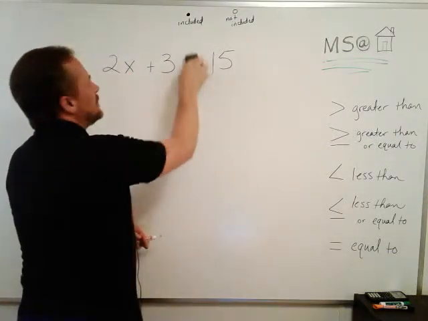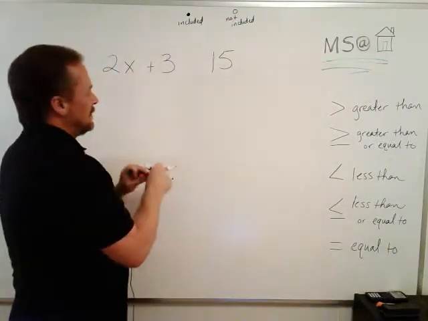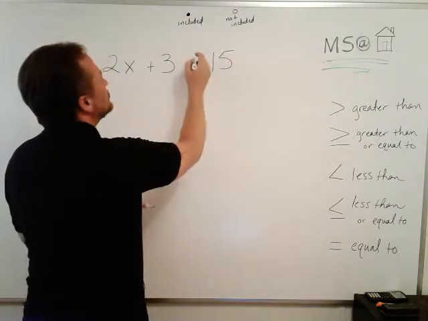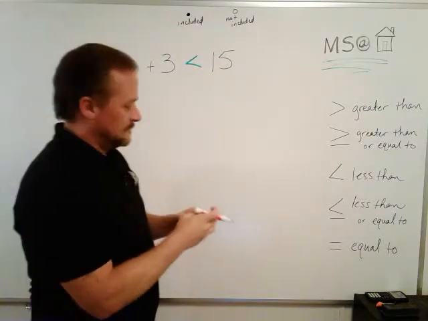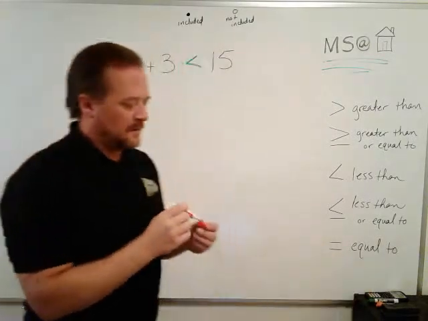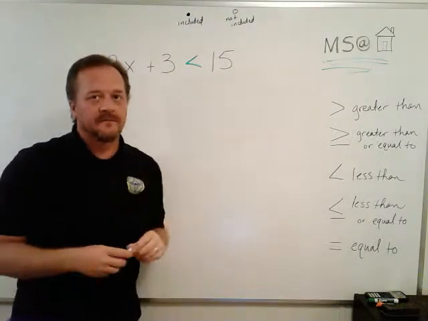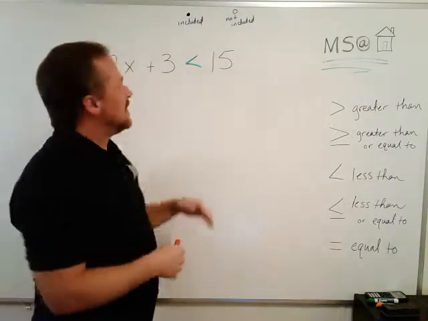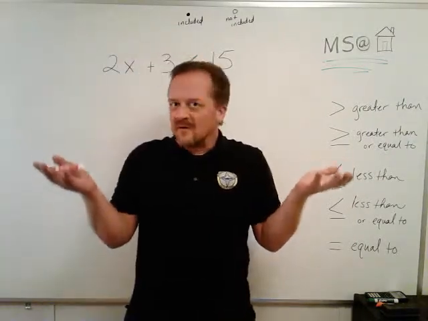What if I change the equal sign to less than? Think about what that means real quick. What does it mean to say that 2x plus 3 is less than 15? That basically means that now I don't have a nice balance, right?